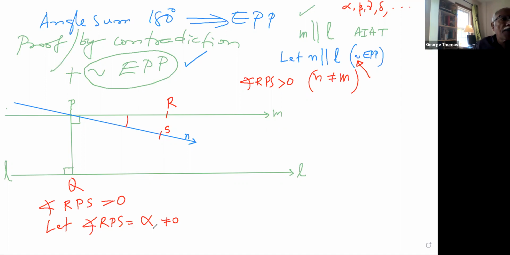Okay. So this angle alpha is not 0. If angle alpha is not 0, then you can construct an angle that is smaller than this angle. How do you do that?